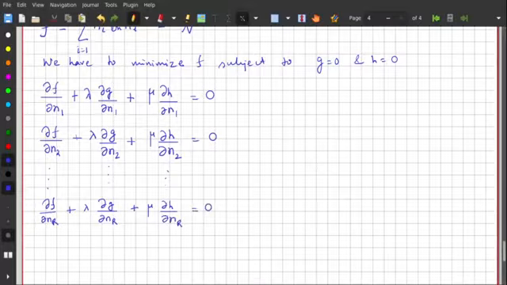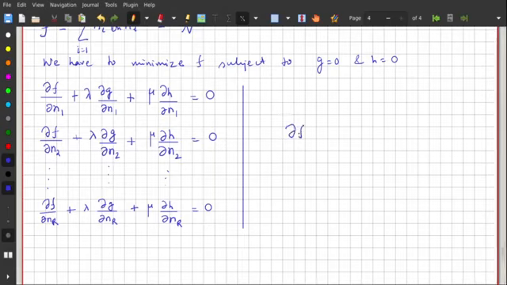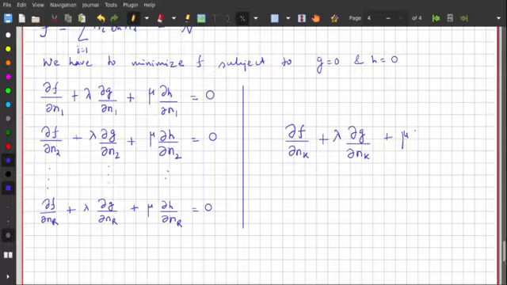Okay, if you see, there is a common pattern among all these constraint equations, so we can write a general version of these constraints. So you can write this as partial f partial n sub k plus lambda times partial g partial n sub k plus mu times partial h partial n sub k equals 0.